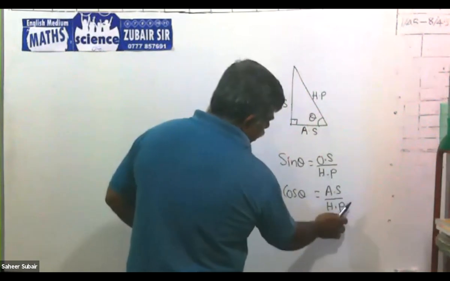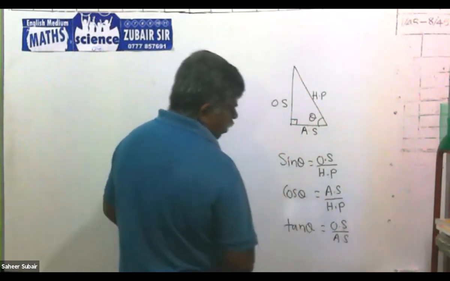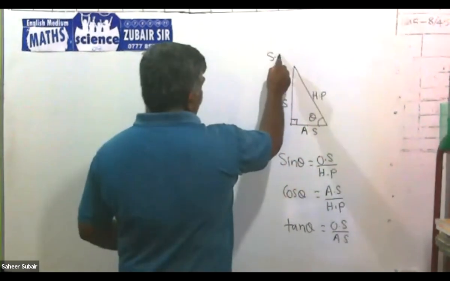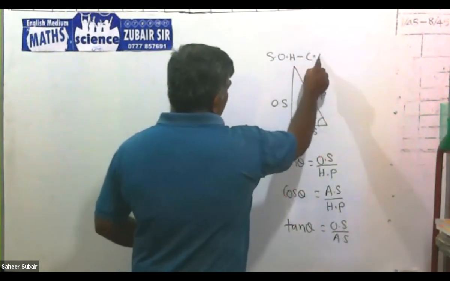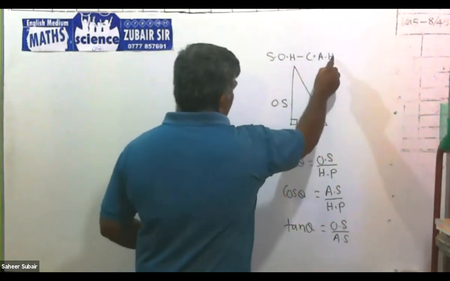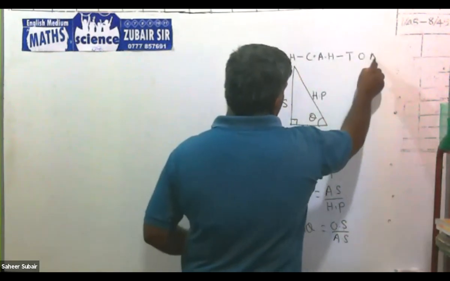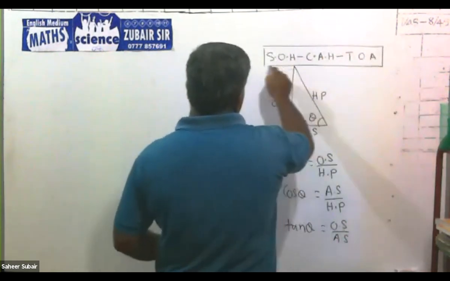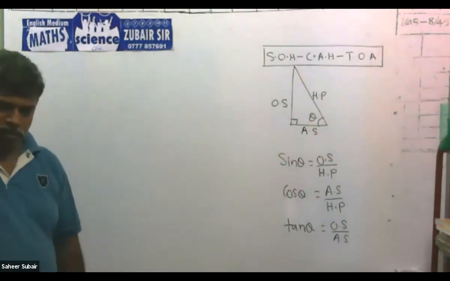So sine means opposite over hypotenuse, cos means adjacent over hypotenuse, and tan means opposite over adjacent. Simply we can say SOHCAHTOA. So these are the relations.